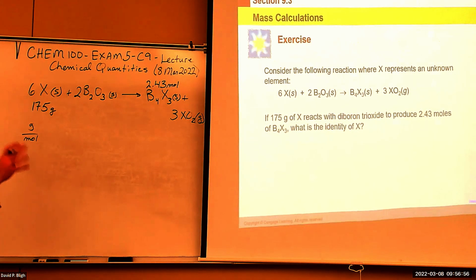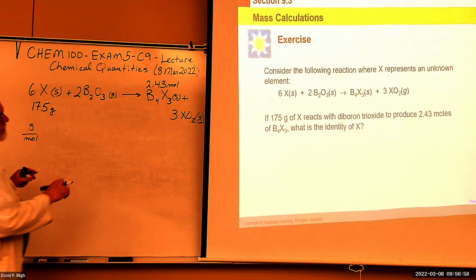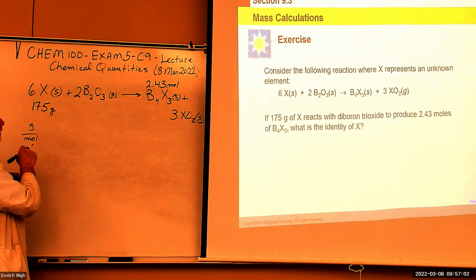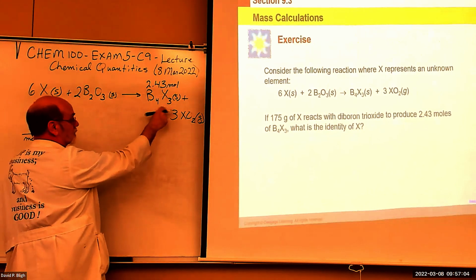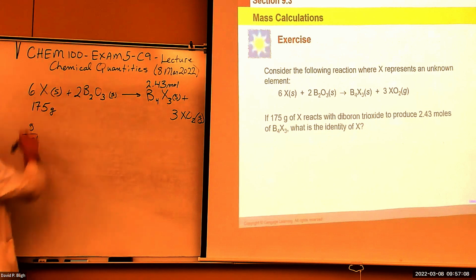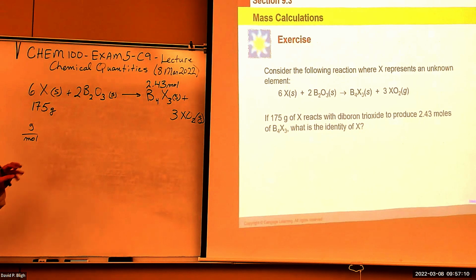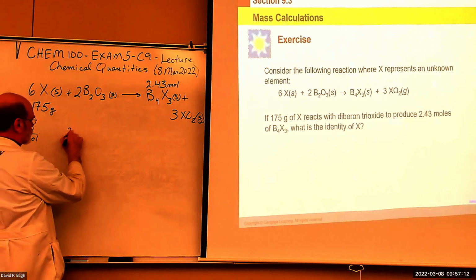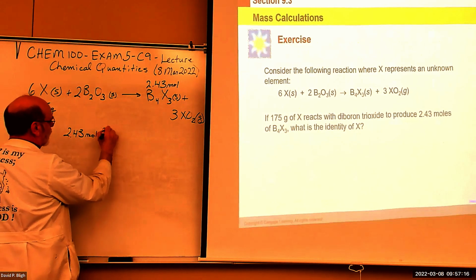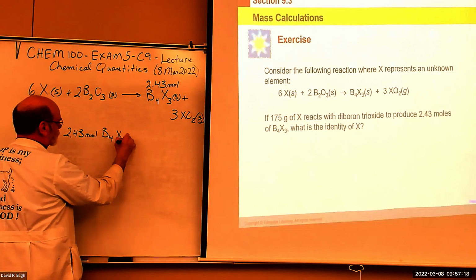Okay, so the question is, how do we find out how many moles of this there are? Well, we know how many moles are produced here, right? Can we convert that number of moles to this number of moles? Yeah. So we just say 2.43 moles of this compound, B4X3.